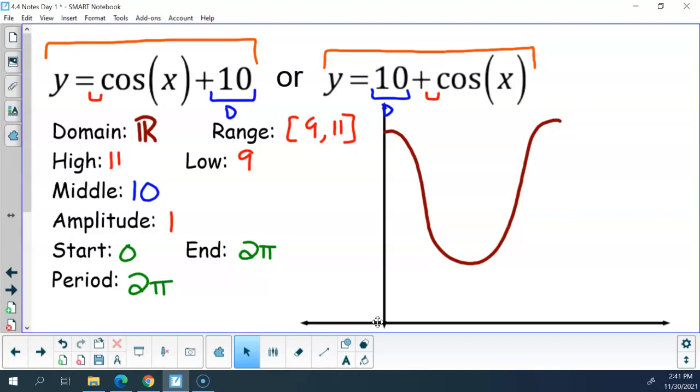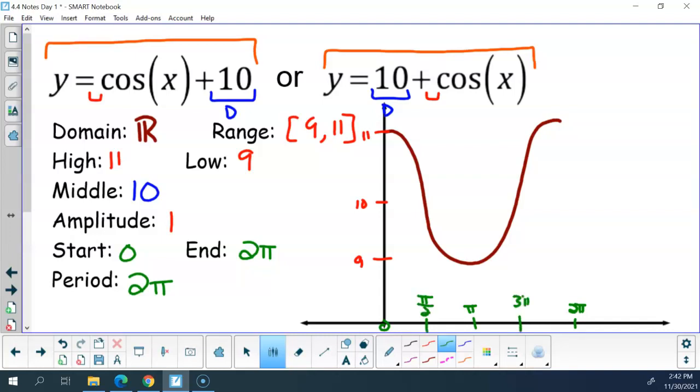So now here, this is 9, halfway is 10, top is 11, and there we've got the graph.